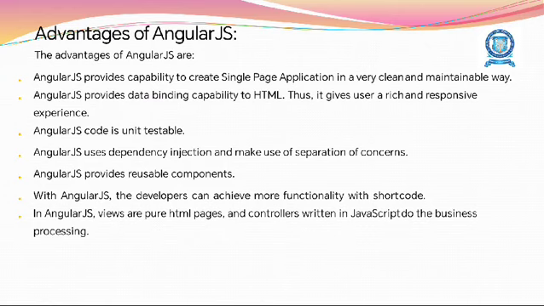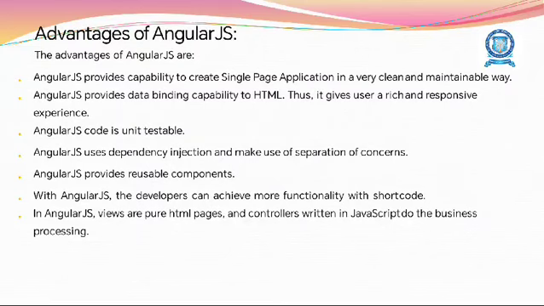Next one is the advantages of AngularJS. AngularJS provides the capability to create single page applications in a very clean and maintainable way. AngularJS provides data binding capability to HTML. Thus it gives the user a rich, responsive experience. AngularJS code is unit testable.